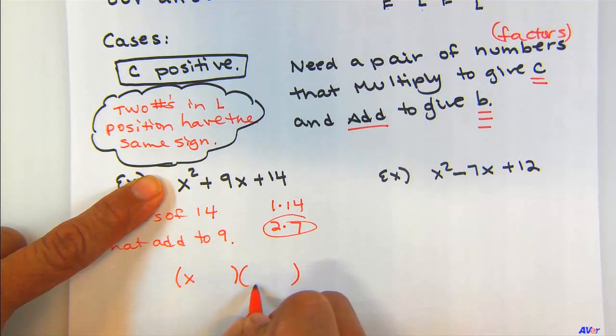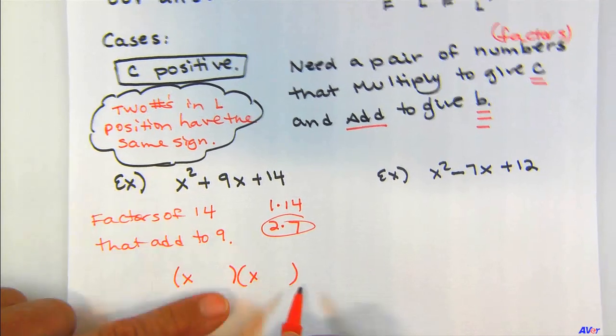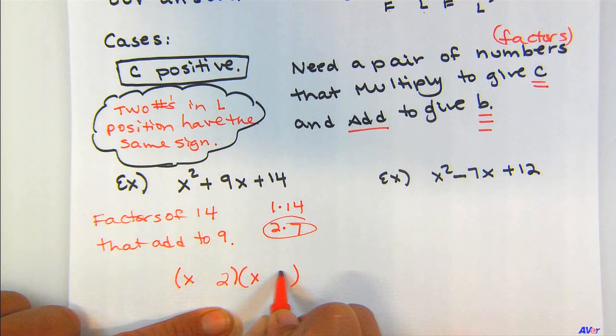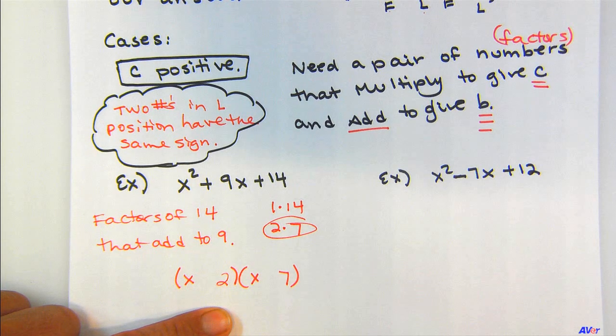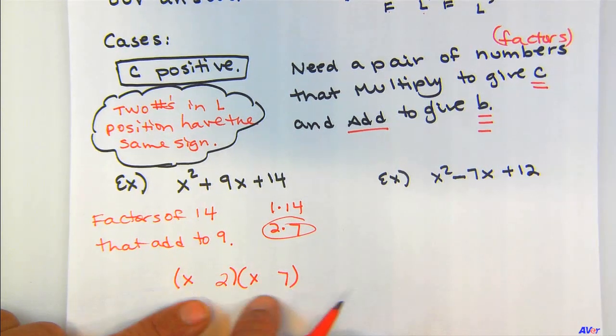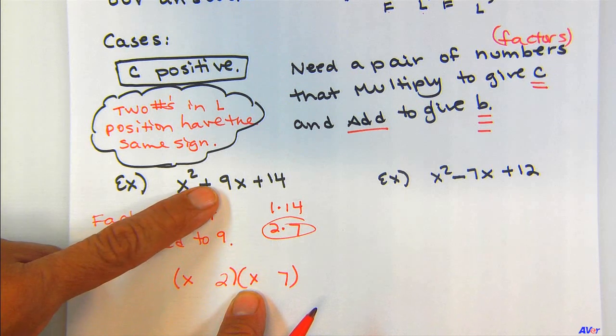So that would be an x and an x. X times x is x squared. The numbers in the second positions multiply to give you 14. So that's the 2 and the 7. And then together, the outer, 7x, and inner, 2x, combine to give the 9x.